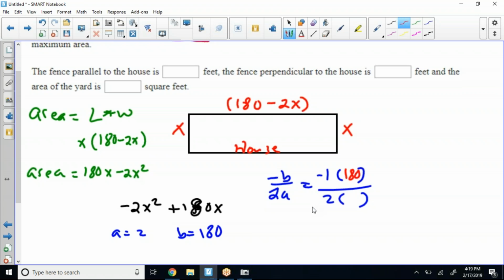And then let's see. That's that. And then that's 2. That's really negative 2. So that's negative 180 divided by negative 4. So what does that give me? That's 45.